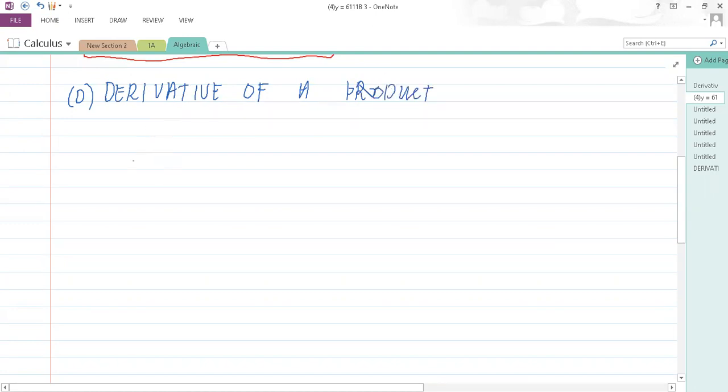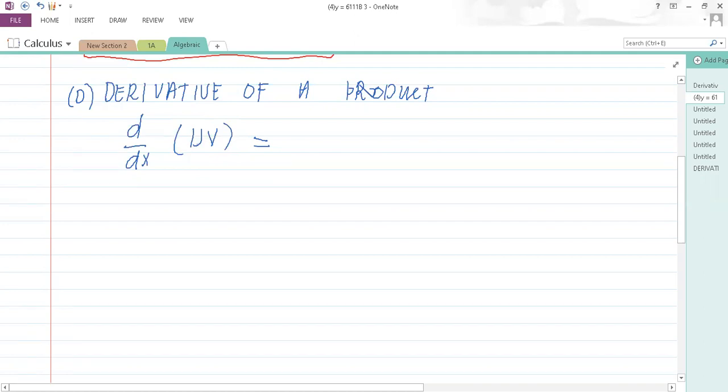So the derivative of a product, say we have d/dx, our functions are u and v. So the derivative of a product of two functions is equal to the first function.